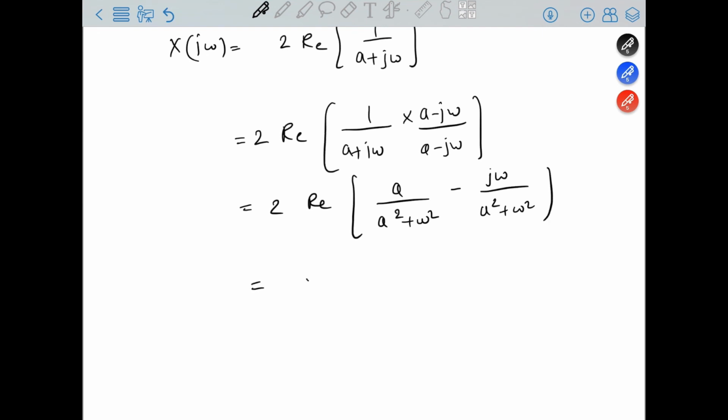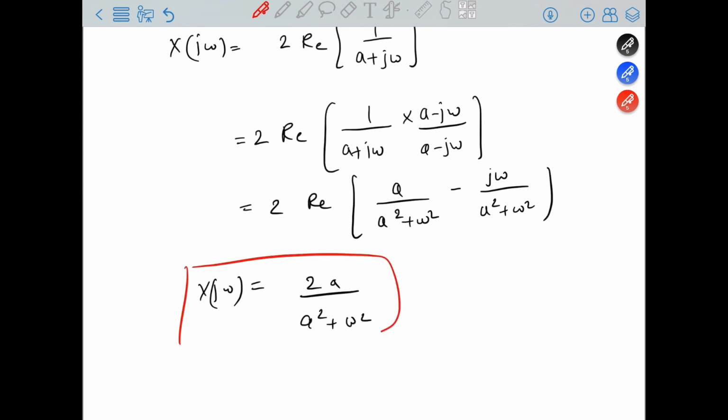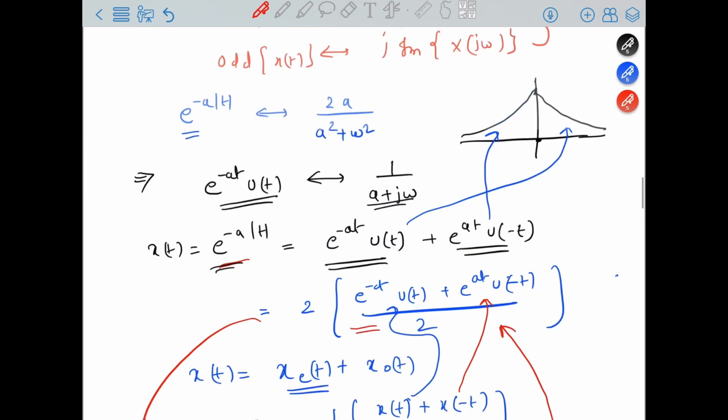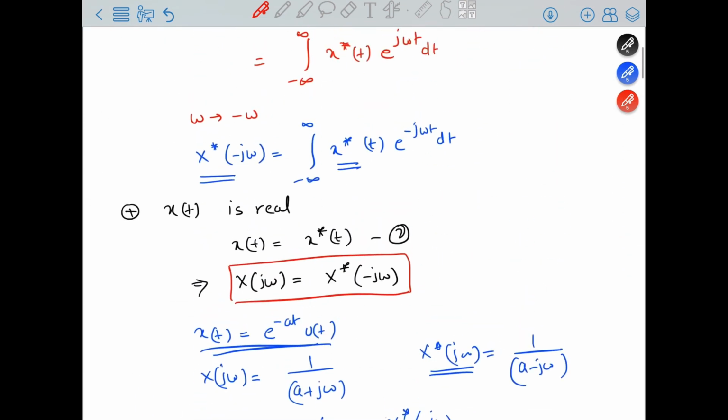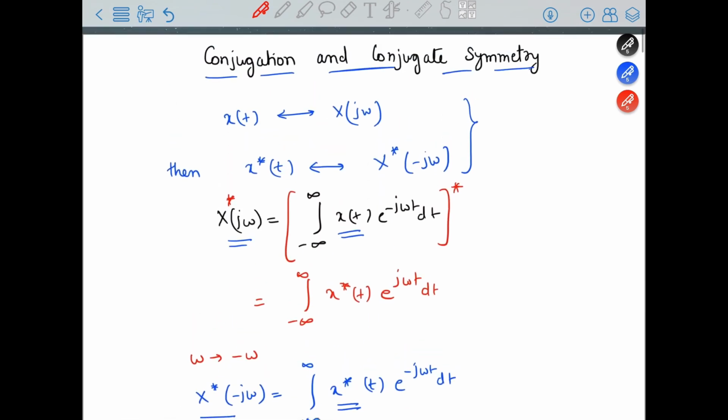The real part will be equal to 2a by a square plus omega square. You can see that this result is equivalent to the result which we got from the formula and which we derived in our previous case.